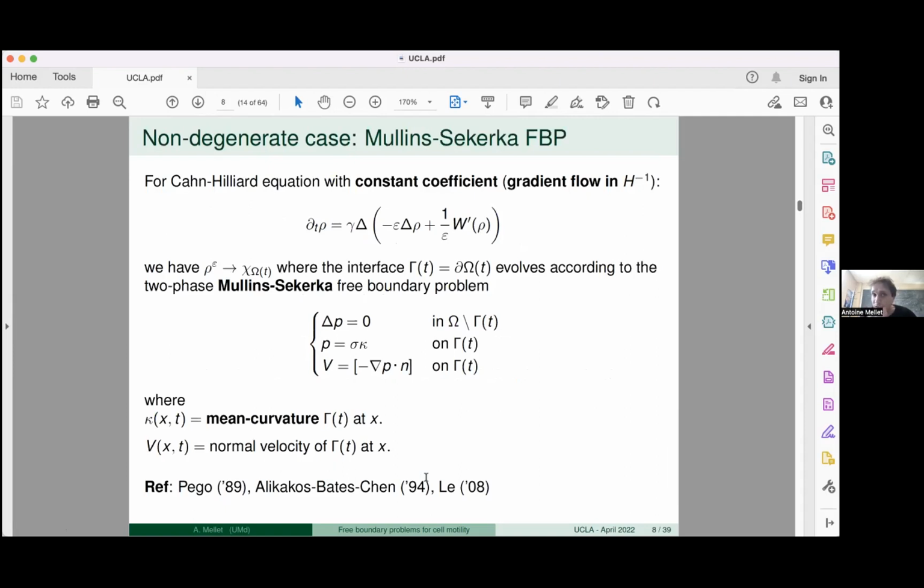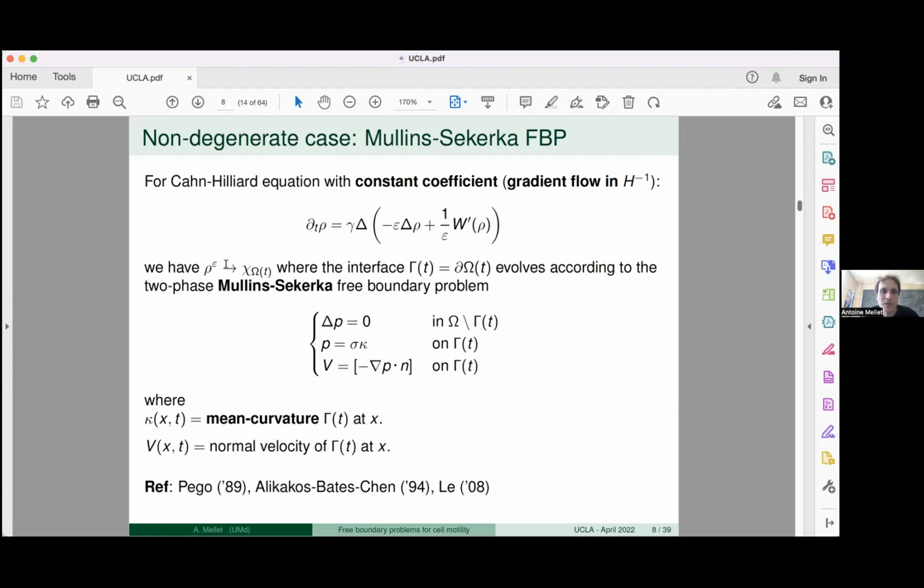This one is a bit more classical. If you look at the classical Cahn-Hilliard equation with constant coefficients, where you have just the Laplacian, there's no more rho here, no divergence of rho gradient, it is a gradient flow also for that same energy in H minus 1. Then that's a classical problem.